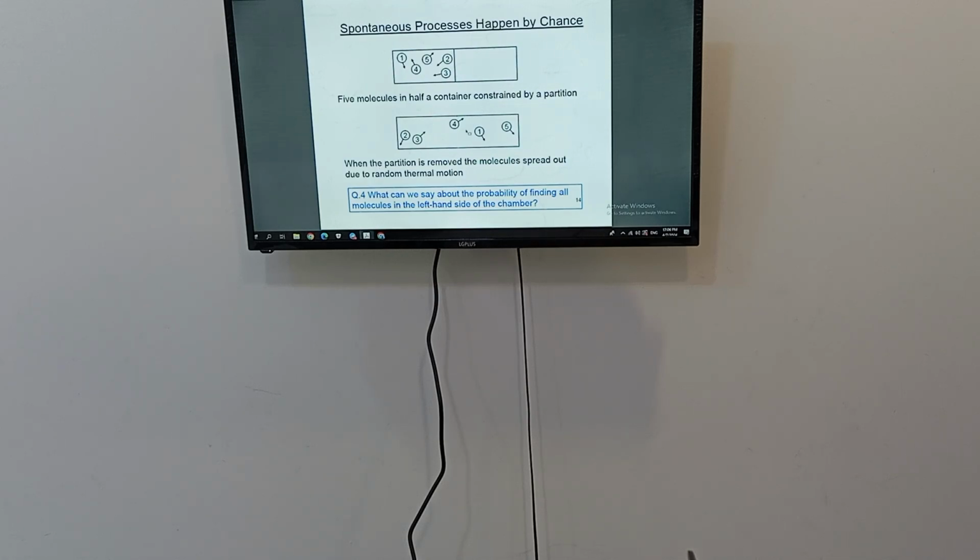When the partition is removed, the molecules will spread out due to random thermal motion. What can we say about the probability of finding all molecules in the left side of the chamber?